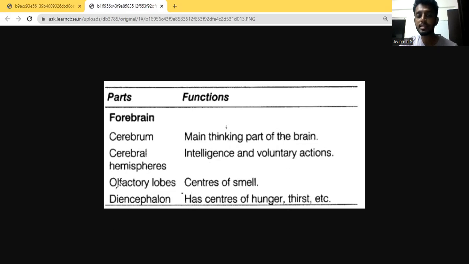And the forebrain also has some dedicated centers which are called olfactory lobes. We have seen this word olfactory in two other places. One is in acids, bases, and salts, where we identify whether it is an acid or a base through smell, and that is called an olfactory indicator. The other is the olfactory receptor in this same chapter. That helps us understand the centers of smell.